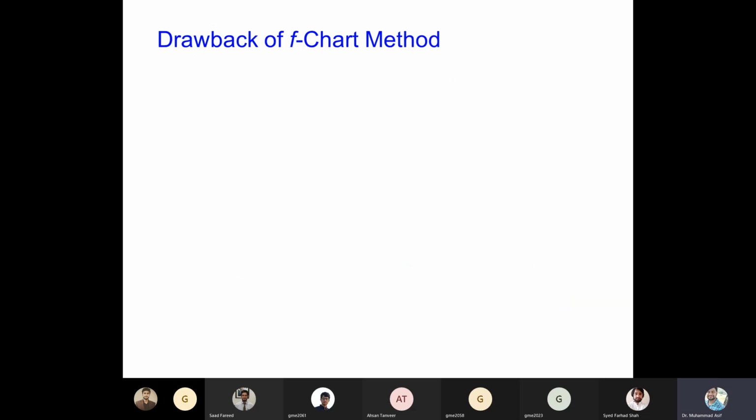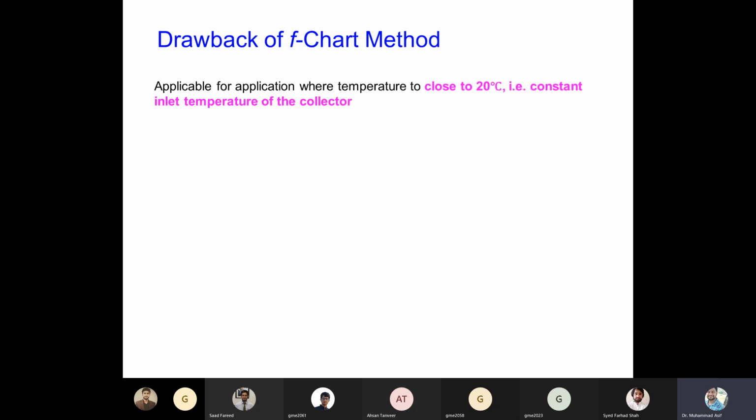Why do we need the next method to discuss? Because there are certain drawbacks in the F-chart method that we discussed in the previous class. One drawback is that it is only applicable where the temperature is close to 20 degrees C, or when we analyze with a constant inlet temperature of the collector.